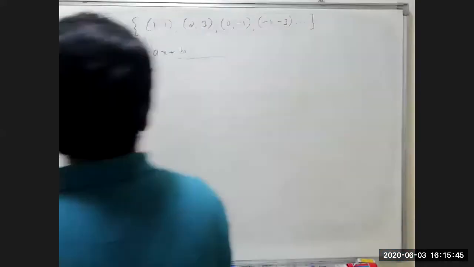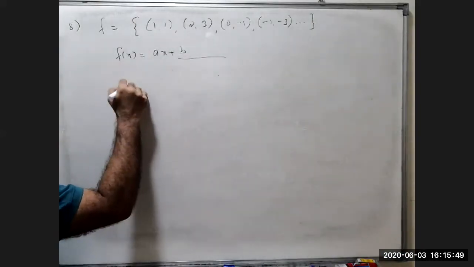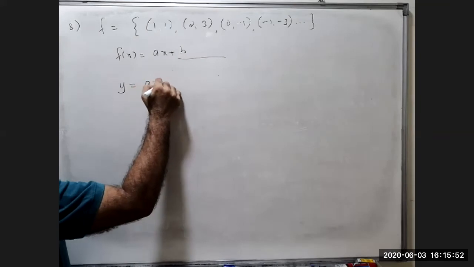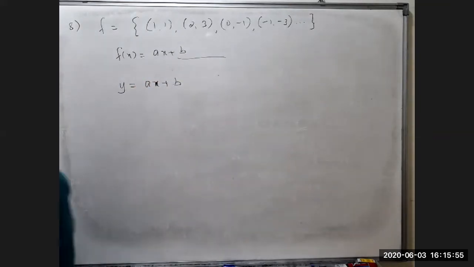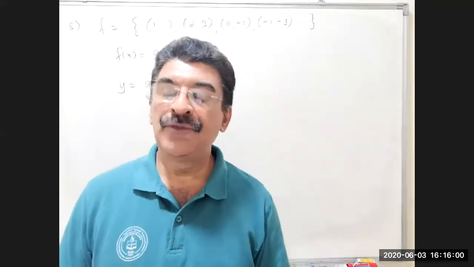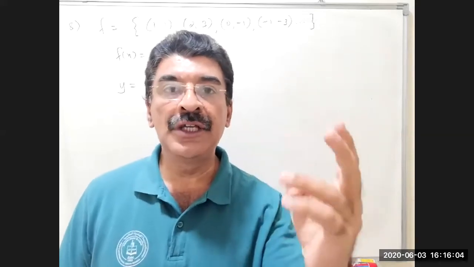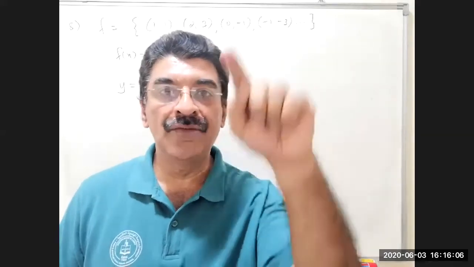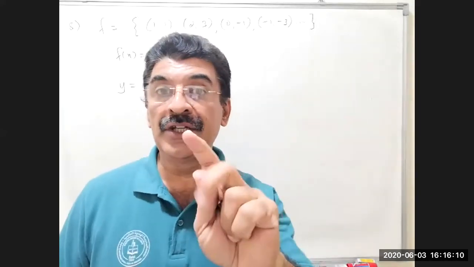For finding a and b, f(x) is equal to ax plus b, meaning y is equal to ax plus b. We have two unknowns, a and b. If we get two equations in a and b, then we can solve them. We did this in class 10, linear equations in two variables.